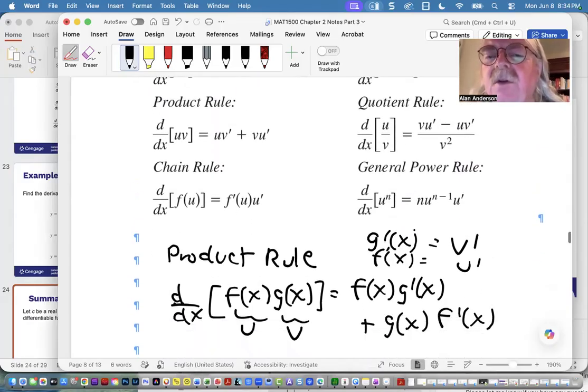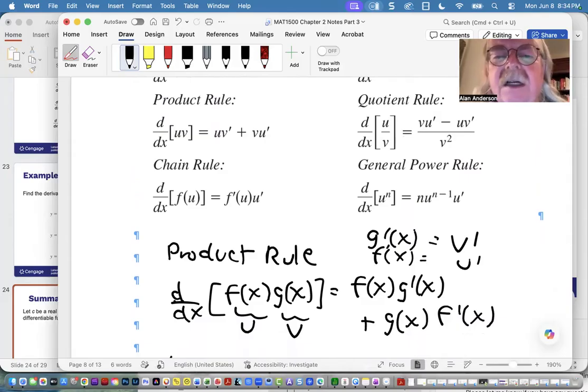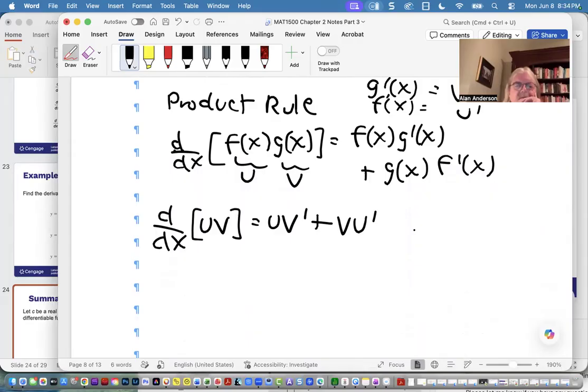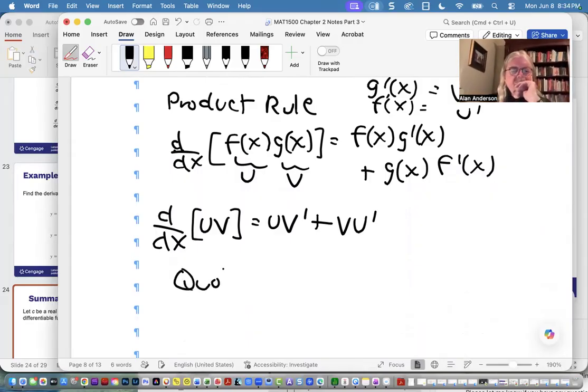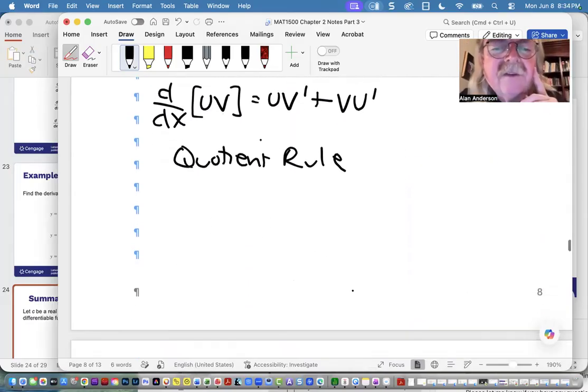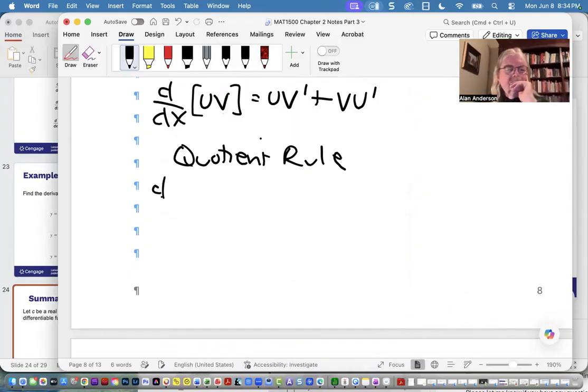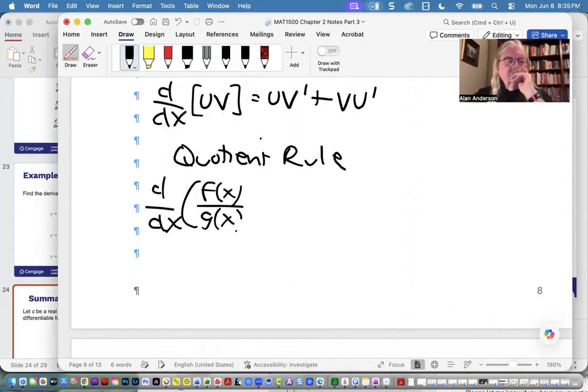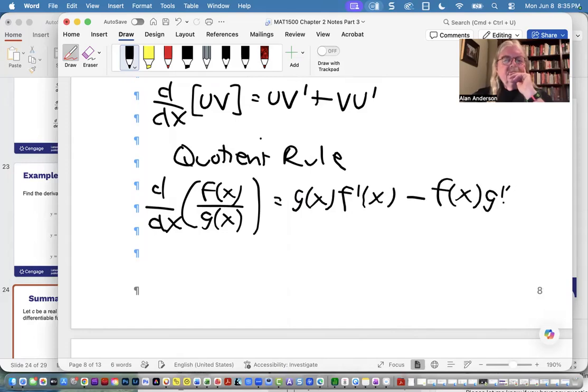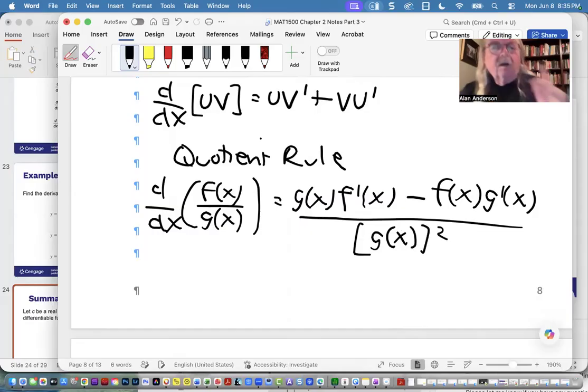And then same thing with the quotient rule. They've got a version over here that's got U's and V's. Let's remind ourselves how that works with f of x and g of x. Okay, so that's the quotient rule.